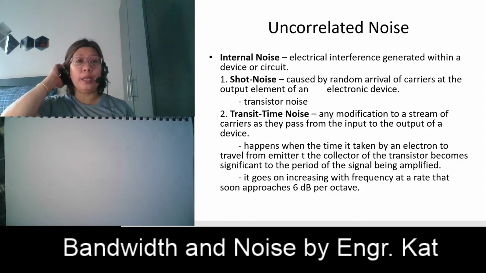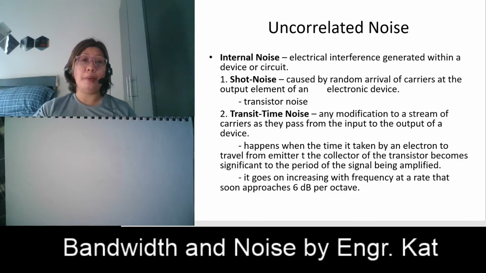In power, it is 3 dB, but since we're talking about output voltage here, it became 6 dB. Why 6 dB? Because in decibels, when we're talking about voltages, it is no longer 10 log, it's already 20 logarithm.